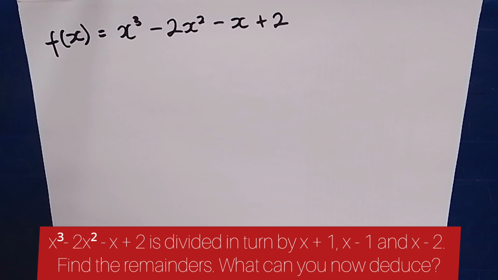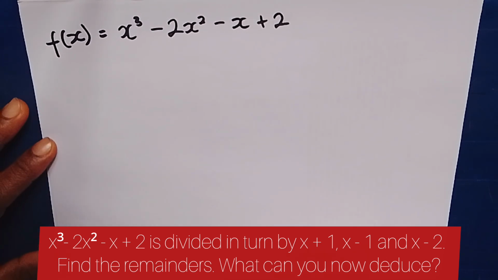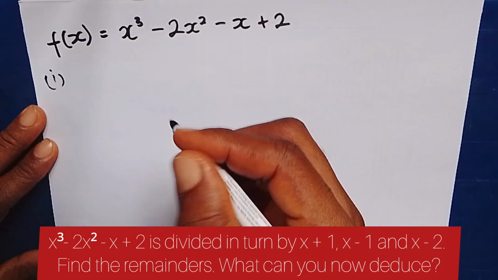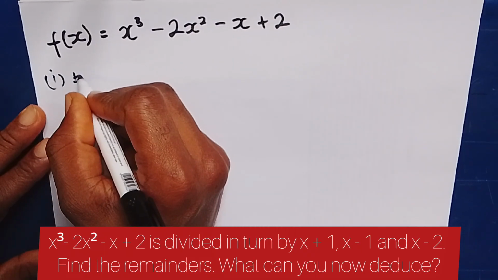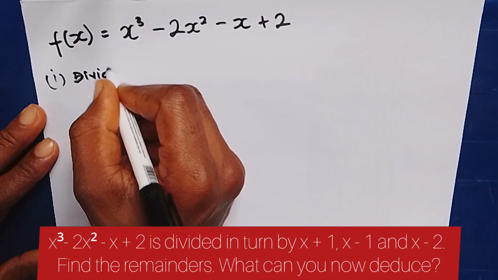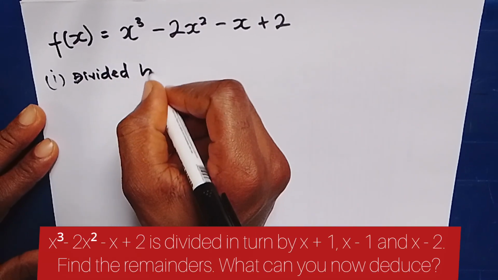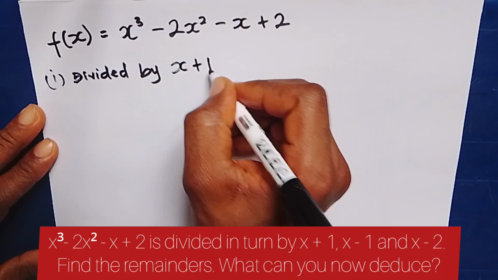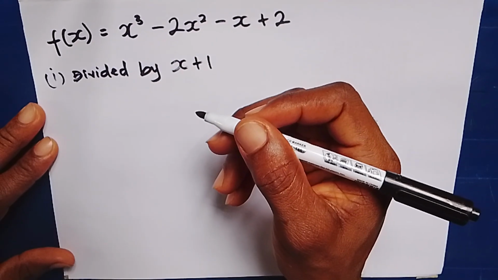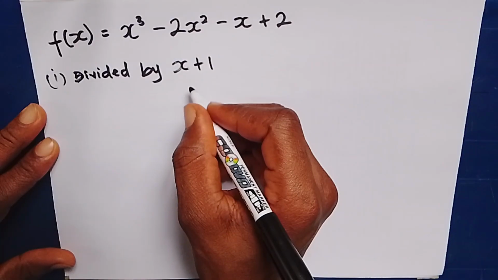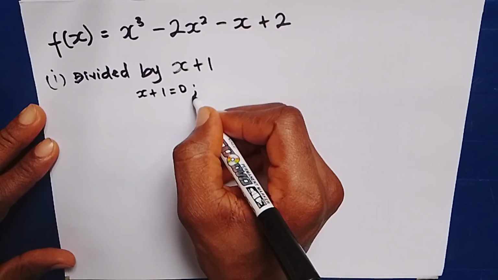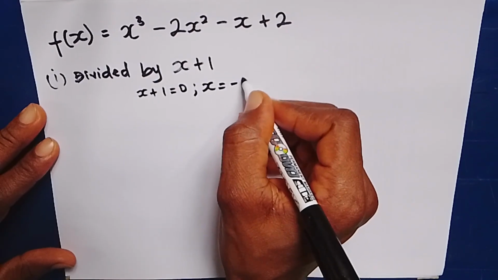So given this f of x, first of all, we're told to find the remainder when divided by x plus 1. So what we'll do now, we'll find the solution for x, which is x plus 1 equals 0. So therefore x is equal to minus 1.